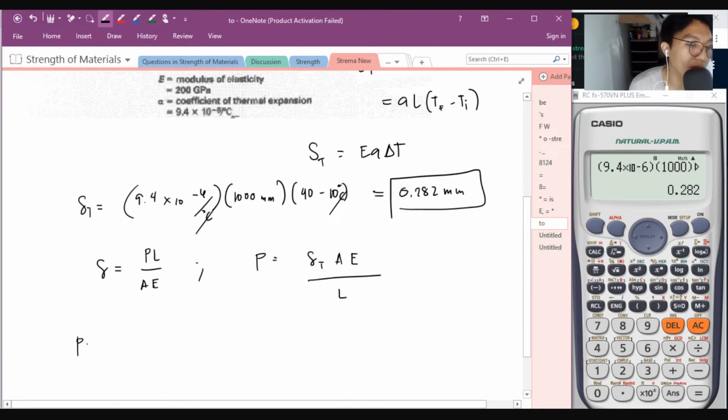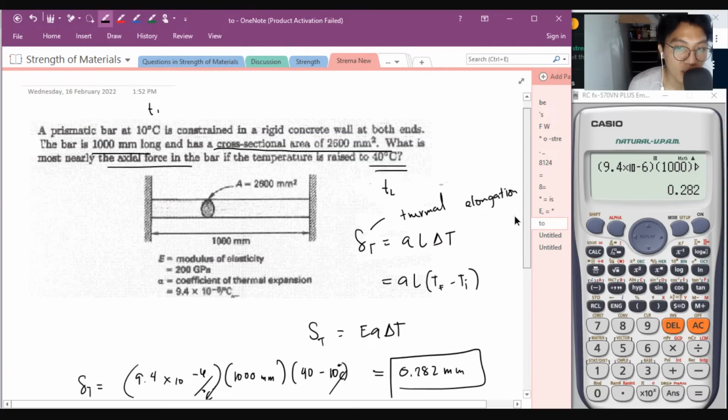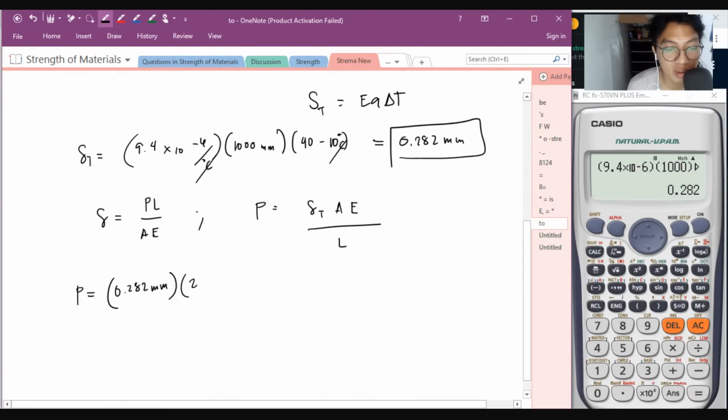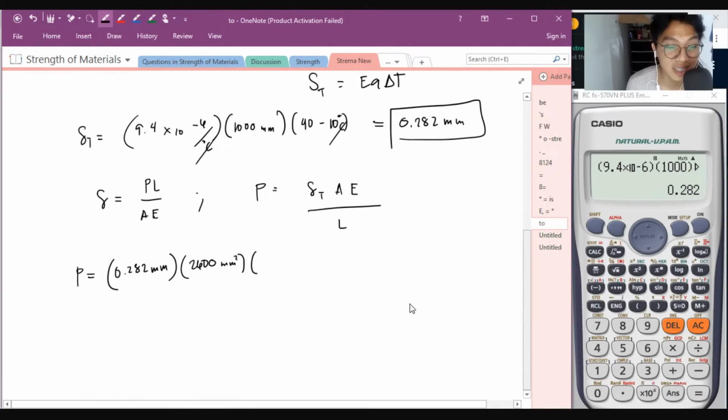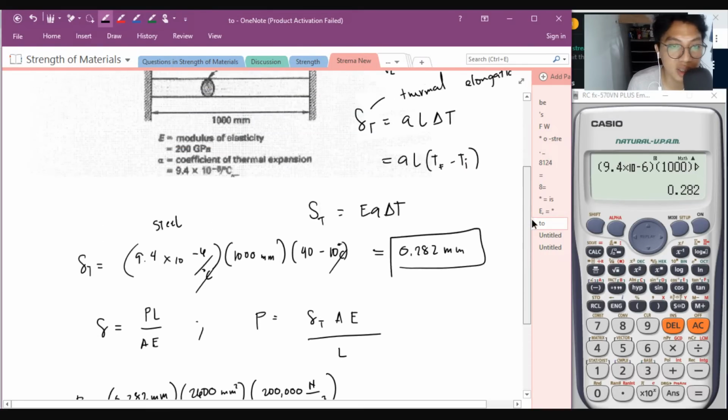P is equal to 0.282 millimeter multiplied by A, the area of 2,600 millimeter squared, and then E. The given E is 200 GPa, since it is steel, 200,000 Newton per millimeter squared, divided by L, which is 1,000 millimeter.